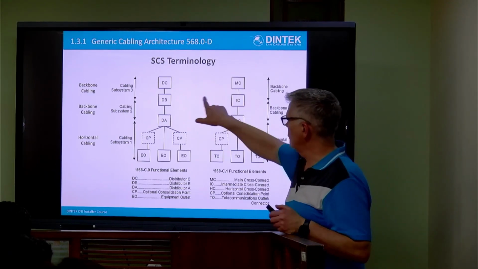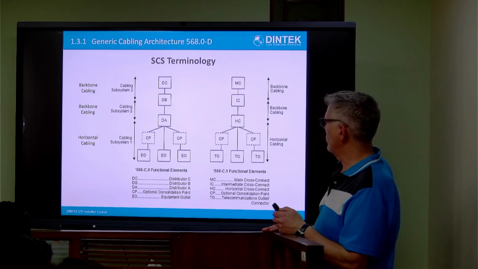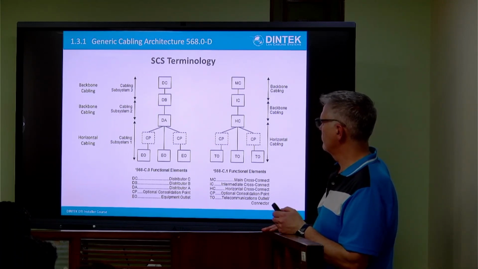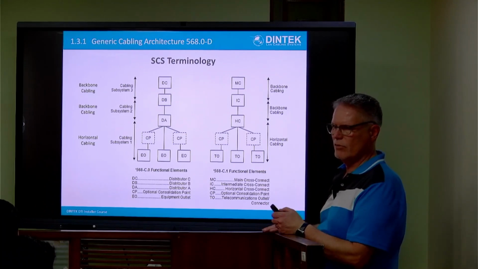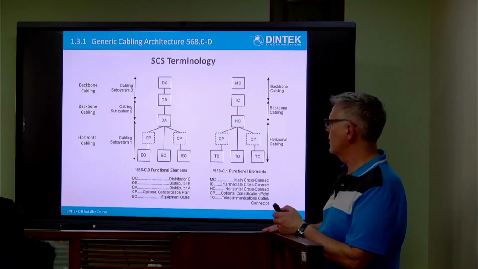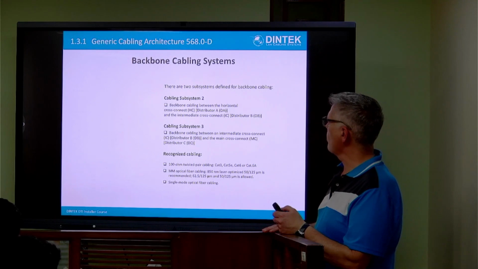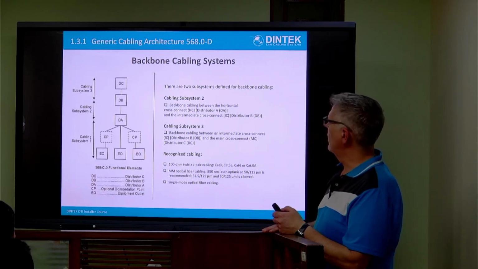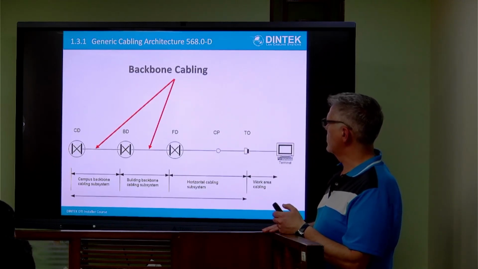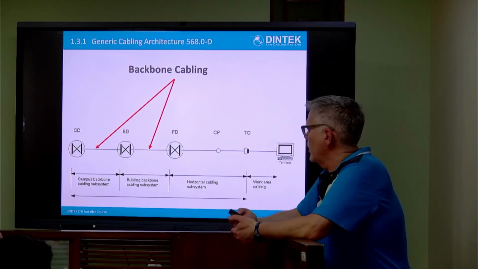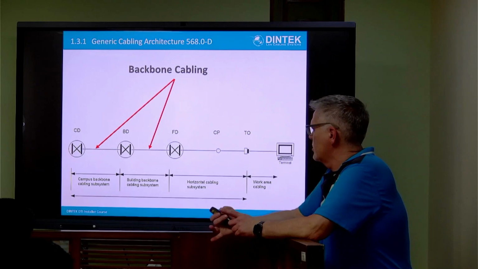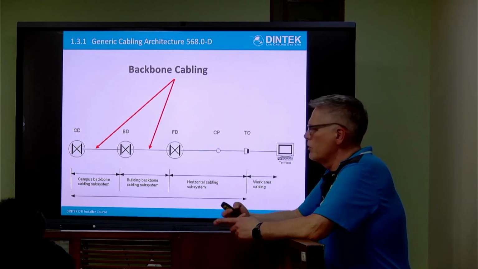And this is how they refer to each other. Probably don't need to know too much about that. I'll take pictures of it. I'm not going to ask questions on it. Alright, so backbone cabling is what runs between our campus building and all distribution points.